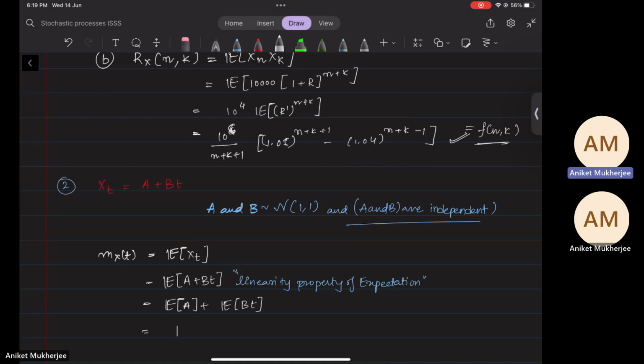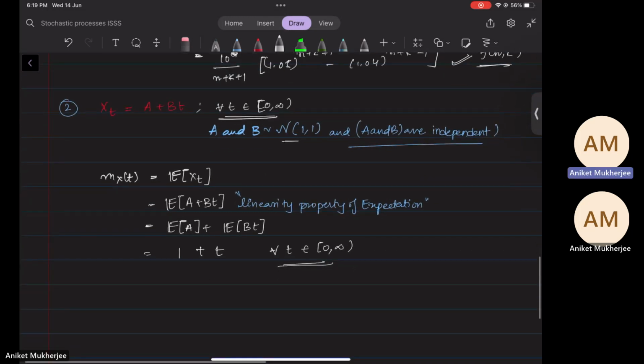The expectation of a is just 1, from the normal distribution. Plus t times the expectation of b, since there is nothing random in t. So t is a deterministic term and comes out. This is defined for all t belonging to [0, infinity). Here also you can see that the mean is a function of time. It's a linear function of t, the mean of the stochastic process at each time, where the index set is continuous.